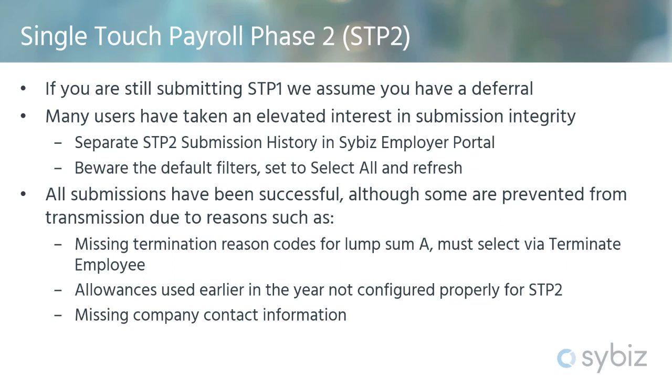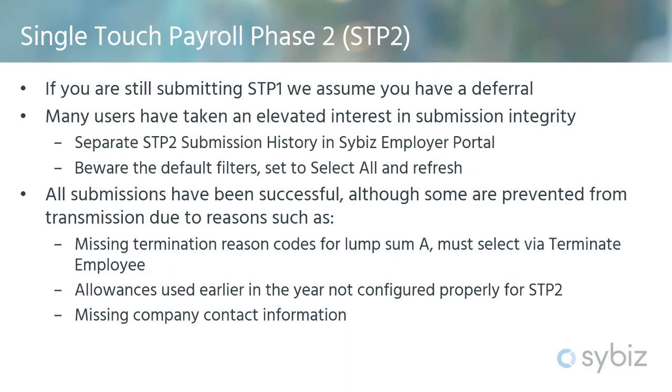The other thing that we saw, probably not so much of an issue now that people have got multiple pays under their belts, but some allowances that were used earlier in the financial year, because remember, STP data is year to date. So if an allowance was used earlier in the year and has perhaps been phased out, if that hadn't been coded properly for STP2, then we were seeing some submissions getting blocked from exiting VisiPay.